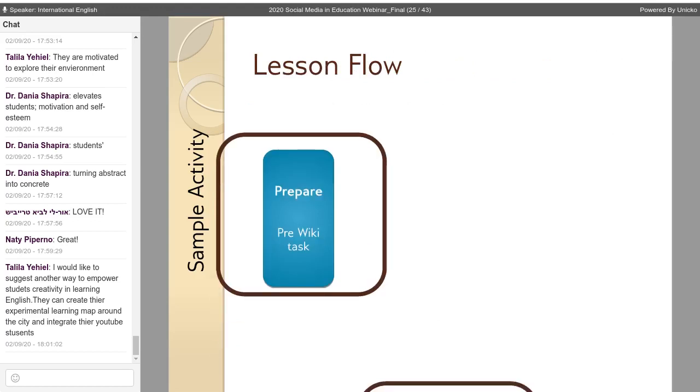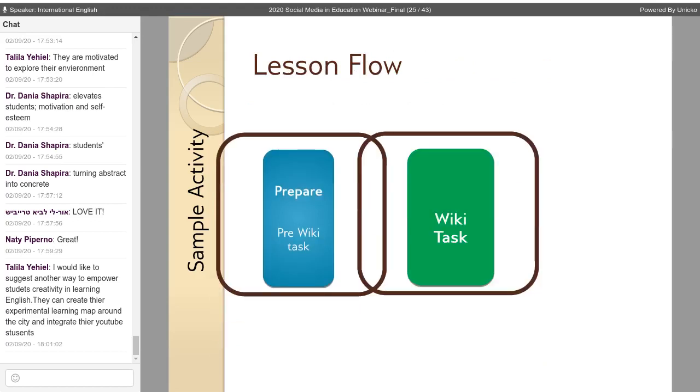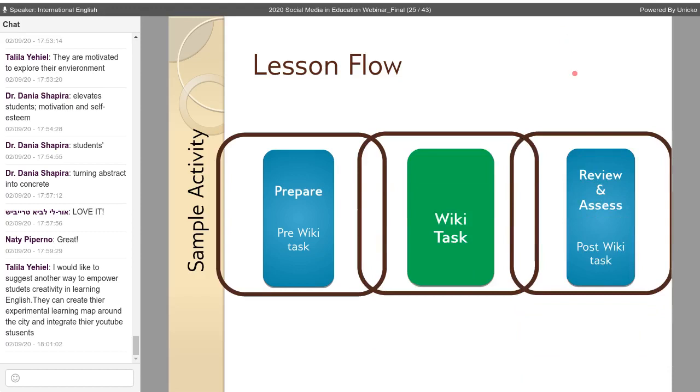In terms of the implementation flow of this project or lesson, the wiki task must be accompanied by prepare activities and review activities.